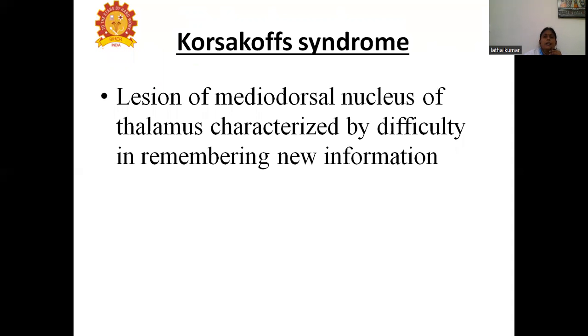So next one is the Korsakoff syndrome. The Korsakoff syndrome refers to a lesion of the medial dorsal nucleus of the thalamus characterized by difficulty in remembering new information.